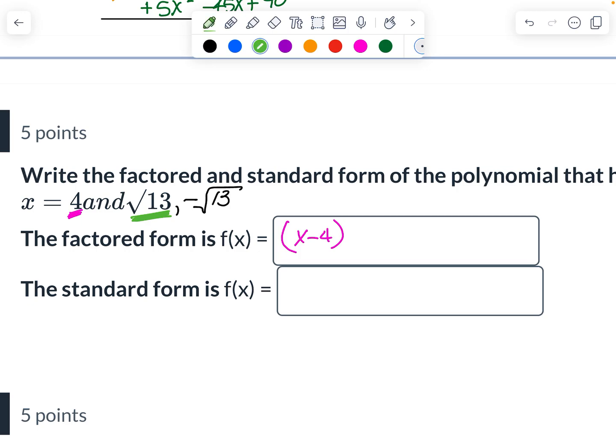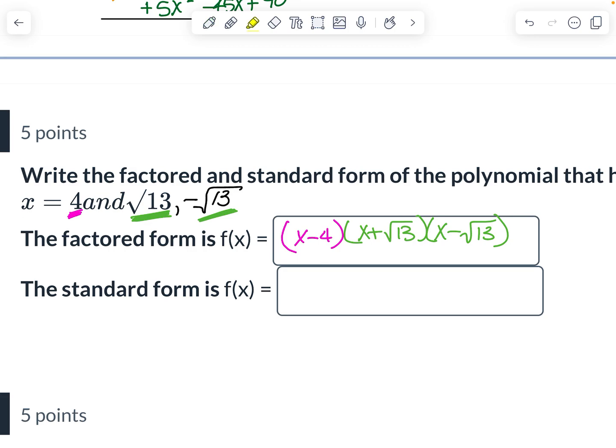So really, once you have one of those, you have to have the other. They travel in pairs. If they're square roots, they have to have their partner. So that means I am going to have an x plus radical 13 and an x minus radical 13. And it doesn't matter which one of those you put the plus, which one you put the minus in, but you need to write it like that.